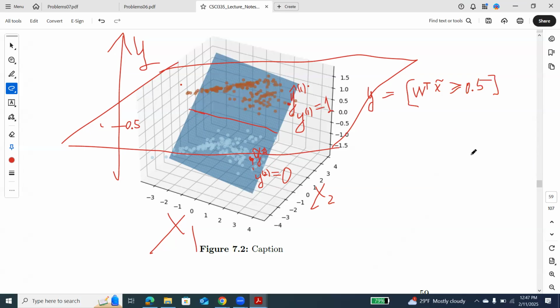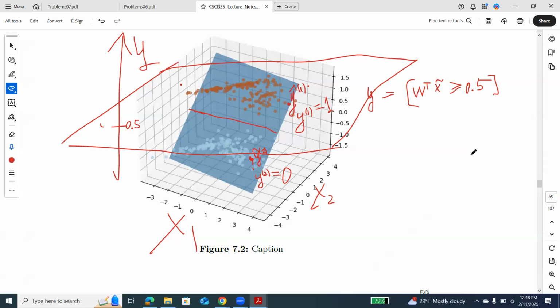If it's smaller, it will result in 0. Does it make sense? So this is how we can use a linear model, which predicts a continuous number between negative infinity and infinity, for the classification task, where the target takes only two values, 0 or 1. Does it make sense?